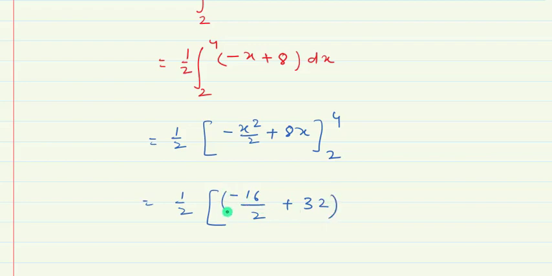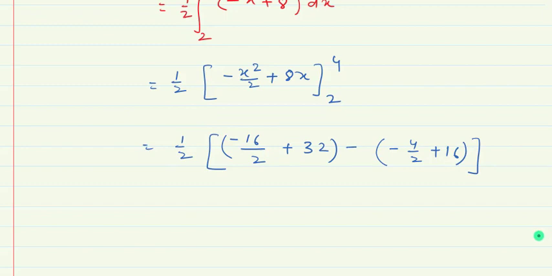This is upper limit minus lower limit, means minus 4 upon 2 plus 16. Now simplify this thing. It is equal to 1 upon 2 into 24 minus 14, which is equal to 5 square units.